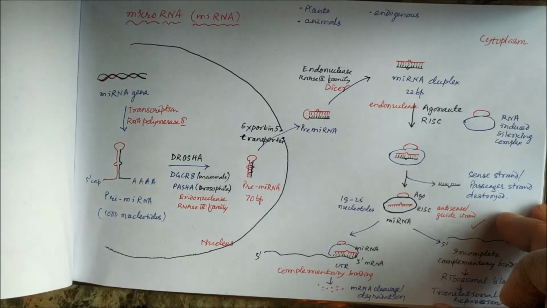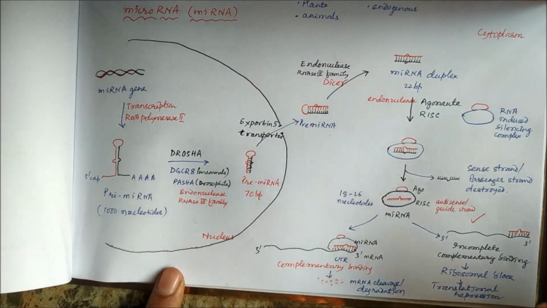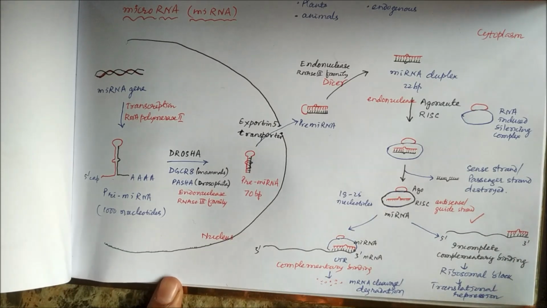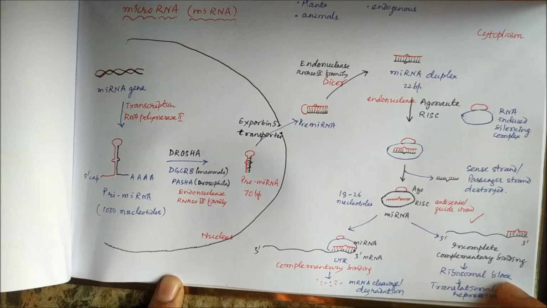So this microRNA either damages the messenger RNA or stops the translation, but mostly in case of endogenous microRNA, there is partial or incomplete complementary binding, so translational repression mainly occurs.